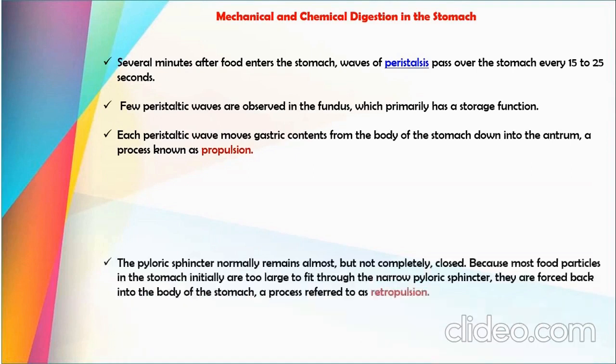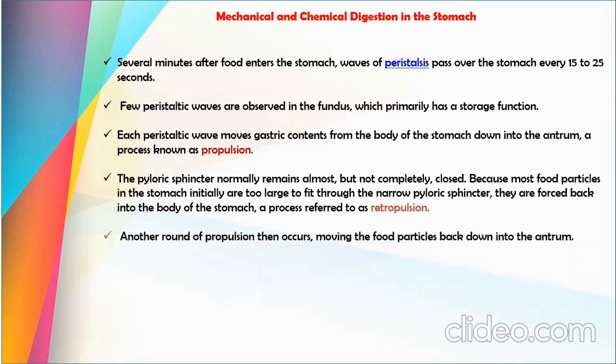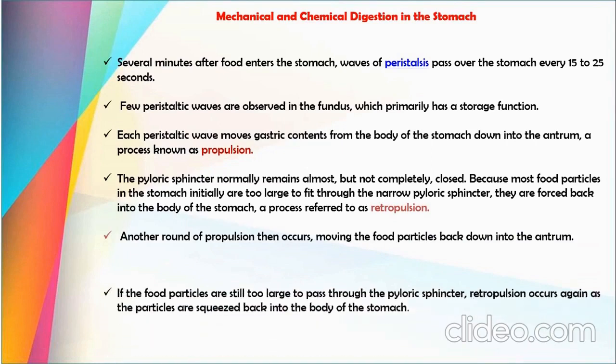The pyloric sphincter normally remains almost but not completely closed because most food particles in the stomach initially are too large to fit through the narrow pyloric sphincter. They are forced back into the body of the stomach, a process referred to as retropropulsion. Another round of propulsion then occurs, moving the food particles back down into the antrum.